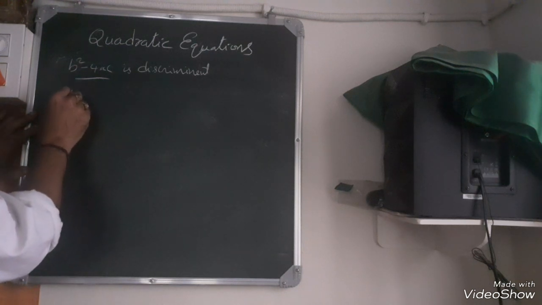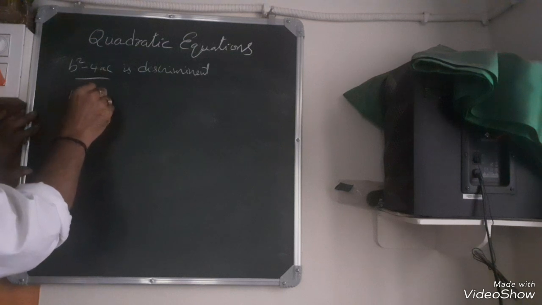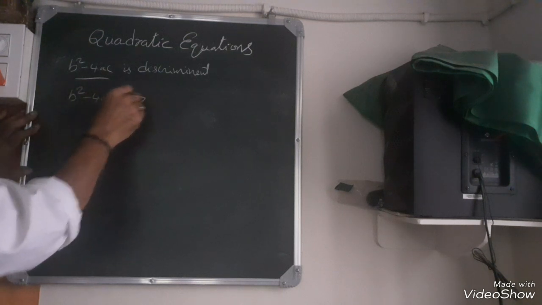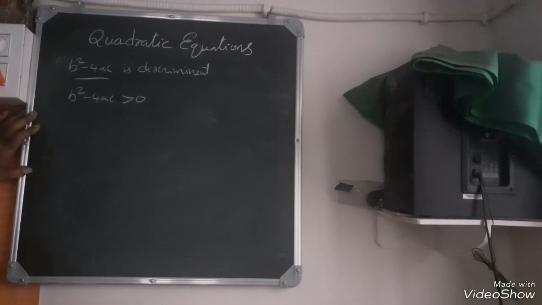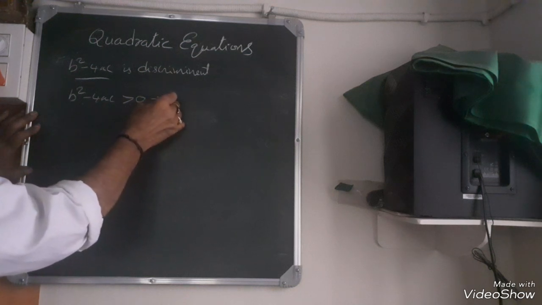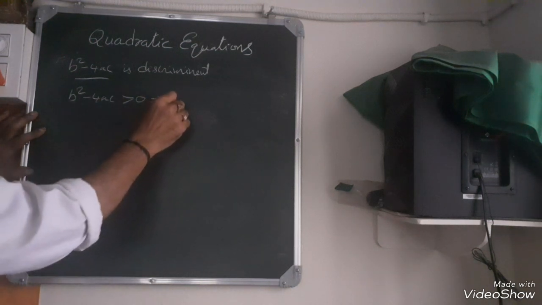How? Suppose when b square minus 4ac is greater than 0, then the roots are real and different.